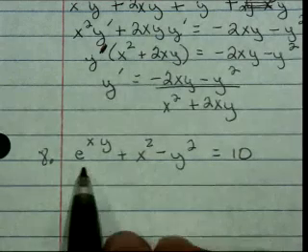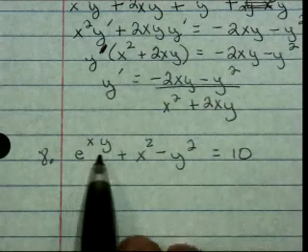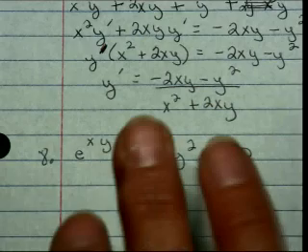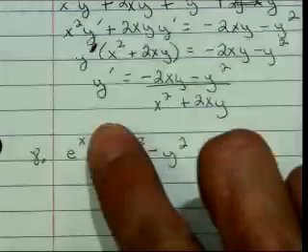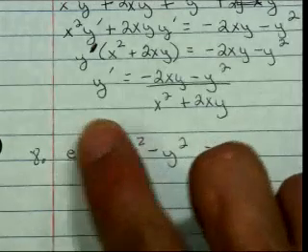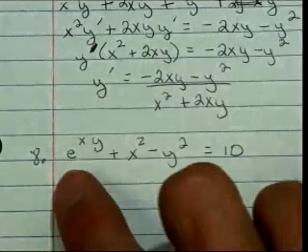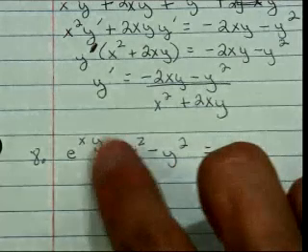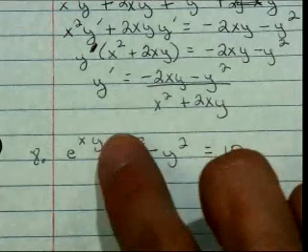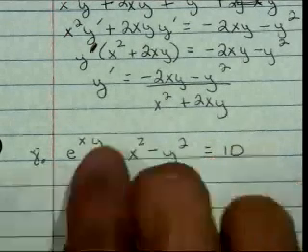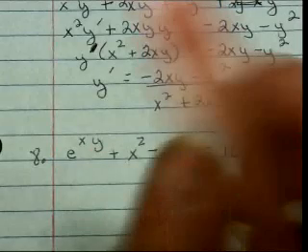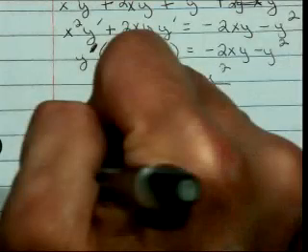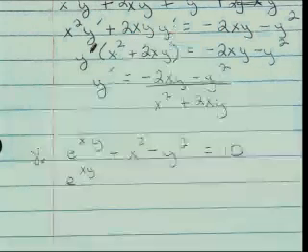This first term isn't just e to the x. If it was just e to the x, the derivative would be what? E to the x. But this is not just e to the x, it's e to some ugly, where the ugly has a y in it. So when I take the derivative of e to the xy, I'm not only going to get e to the same old xy, I'm also going to have to do what?